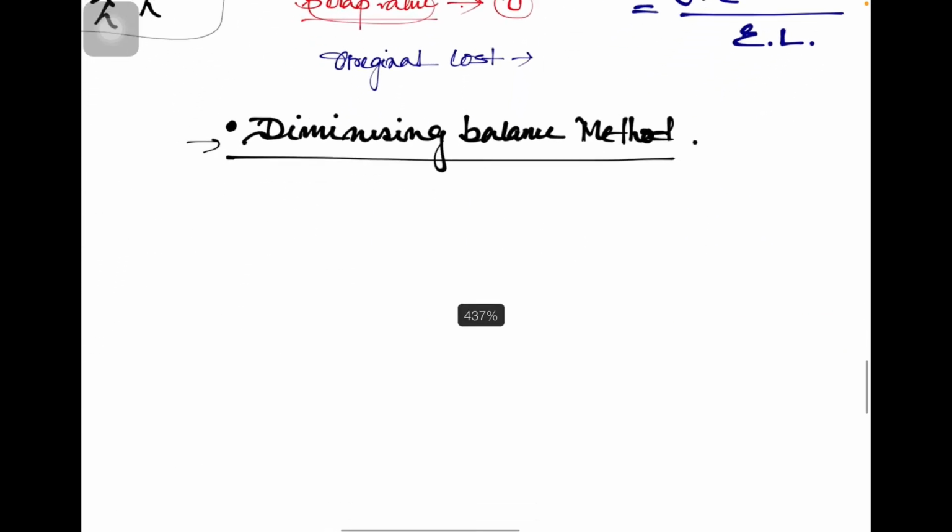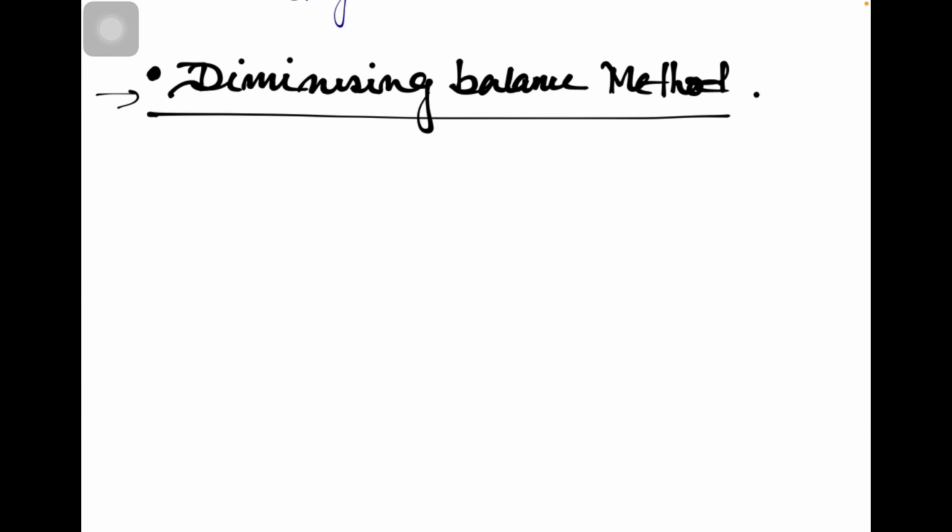Now the last but not the least, it is the diminishing balance method. This method is also a very important method. Why? Because we understand that any product valuation, any machinery, any fixed assets valuation cannot ever become zero.